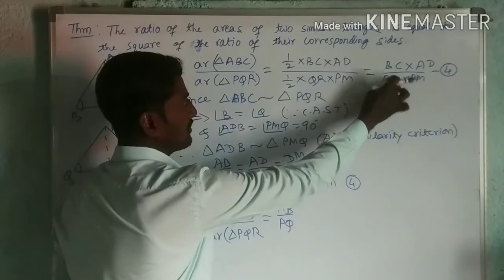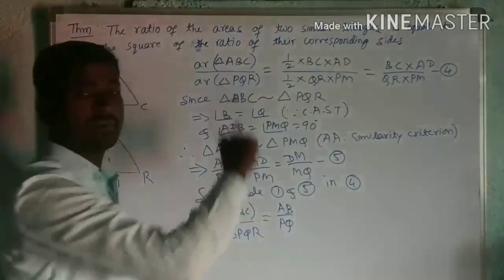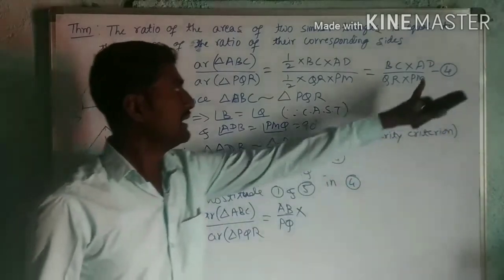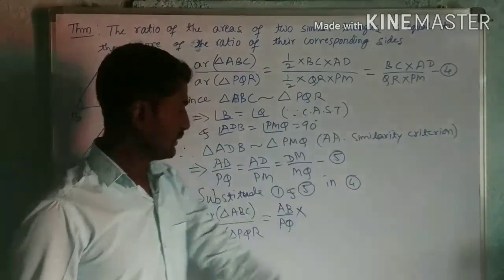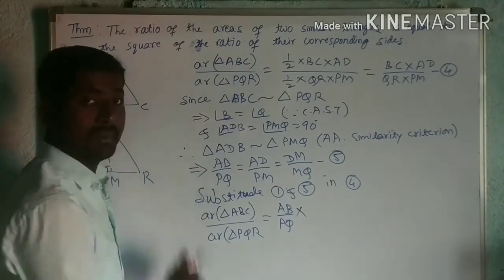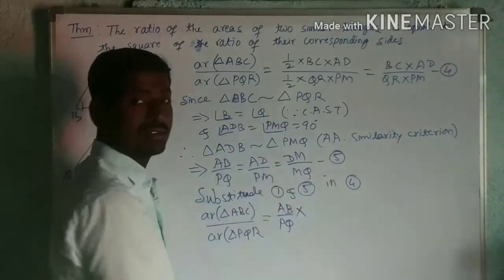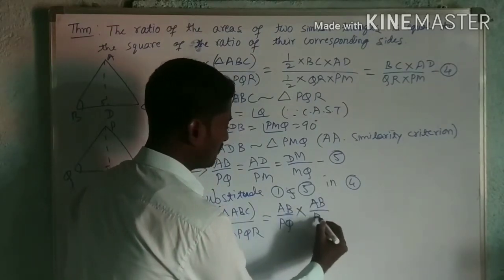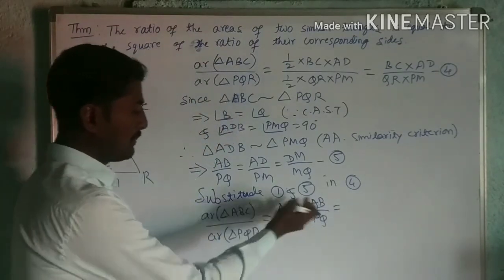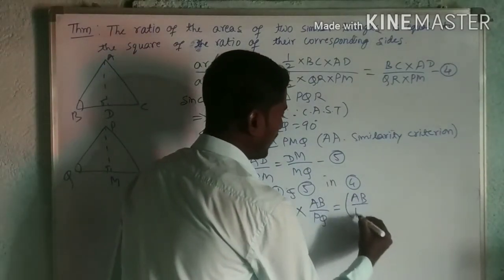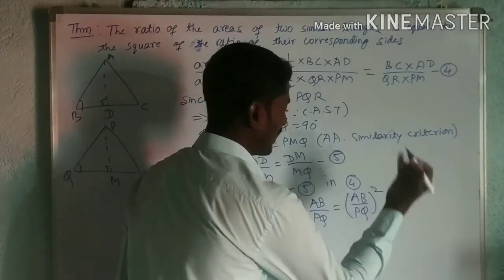Then AD by PM, in place of AD by PM, I can write AB by PQ, by using equation number 5. So this is equal to AB by PQ into AB by PQ, which I can write as AB divided by PQ whole square.